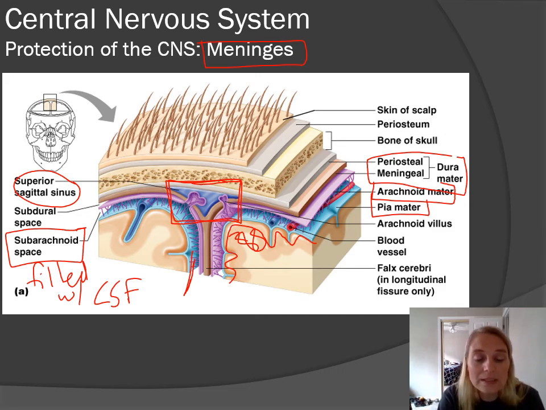There are little extensions of this arachnoid mater, these little purple guys I'm outlining right here. They allow the CSF to filter out of those little pockets into this venous blood. So we're continually making new cerebrospinal fluid at the choroid plexus, and it is recycled in these little pockets into these dural sinuses, like the superior sagittal sinus.